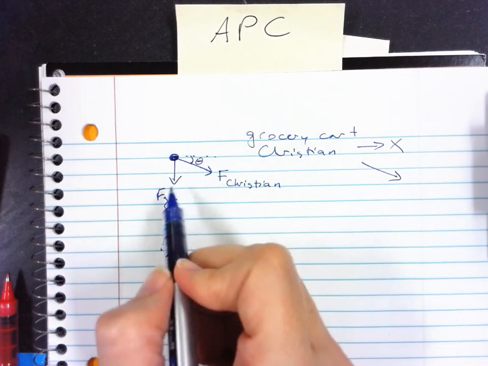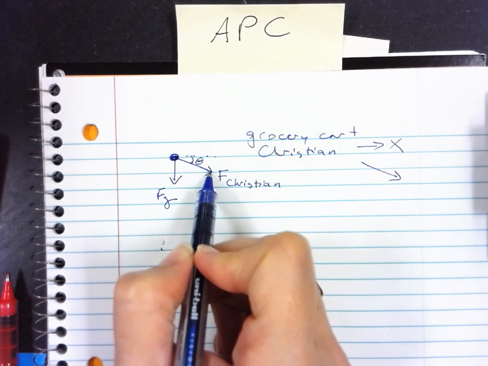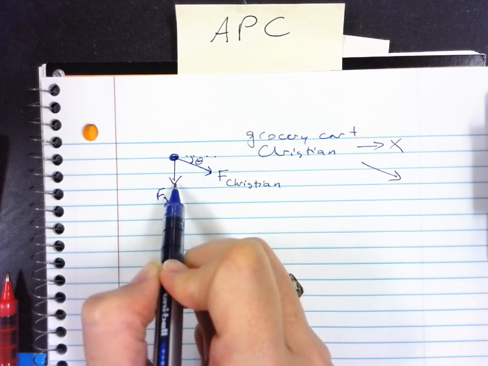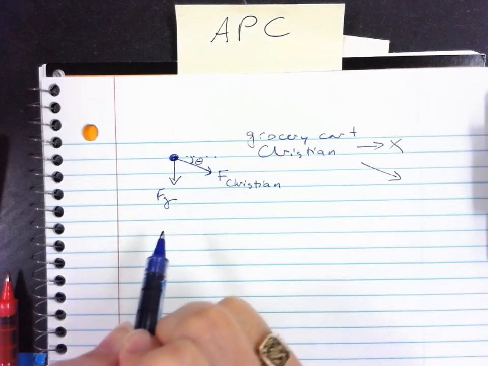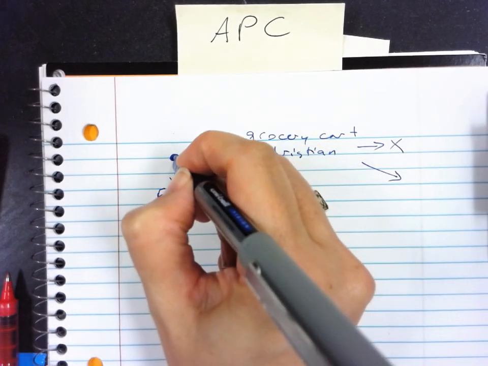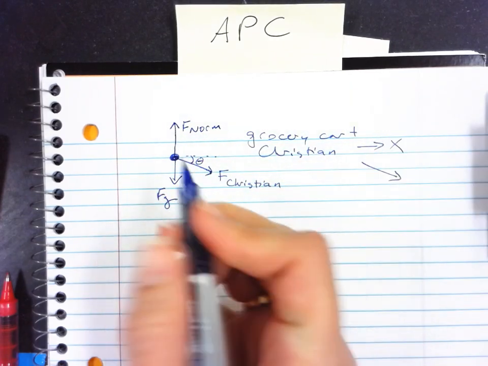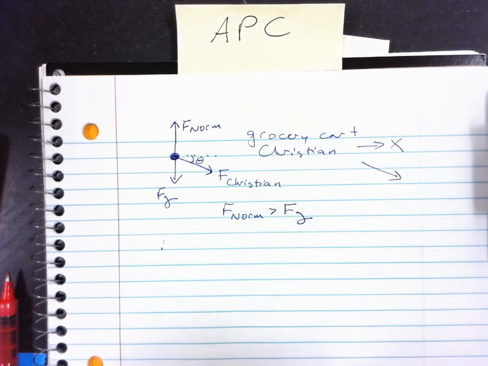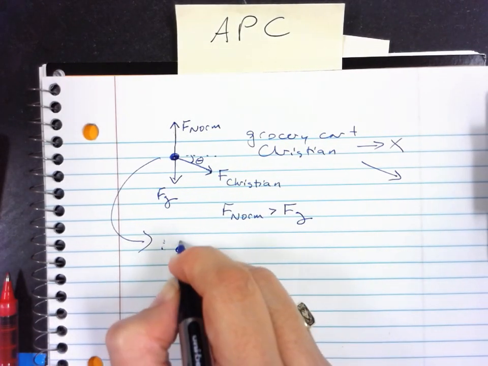Well, then there's a normal force, but before I draw it, Christian's force has two components, an x and a y. So the normal force upward, if it only canceled out the force of gravity, then this cart would move downward because Christian's pushing down on it. So the normal force is actually bigger than gravity in this situation. How much bigger? Well, let's redraw this with components.